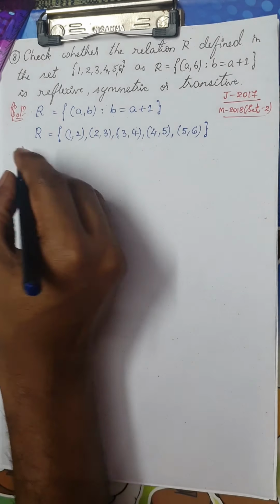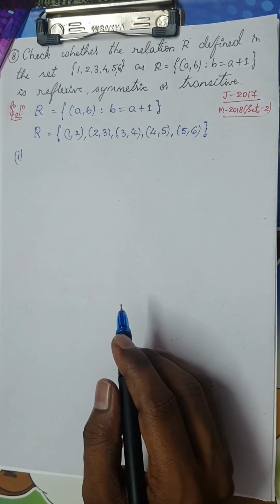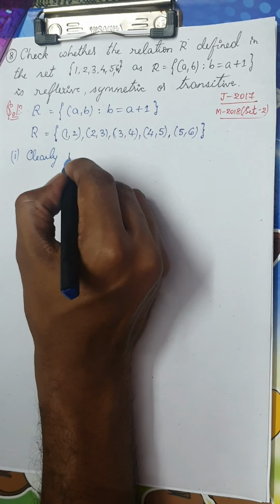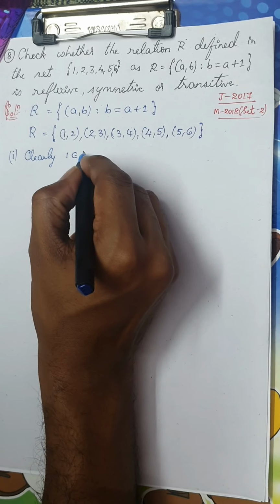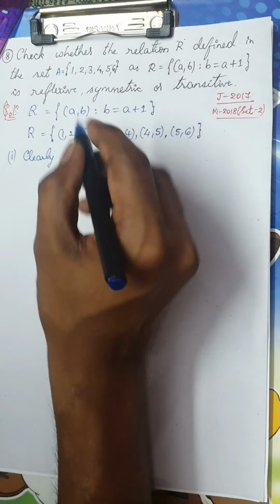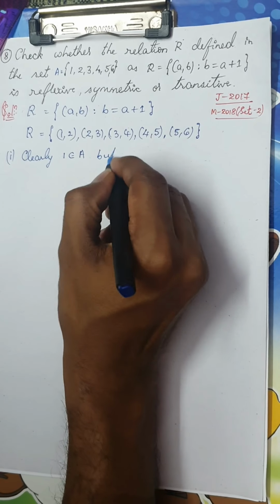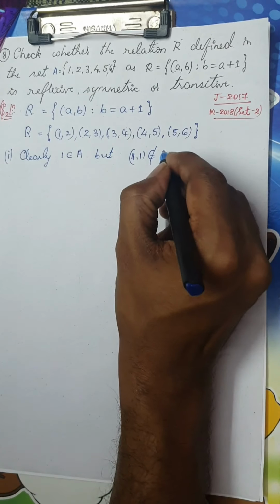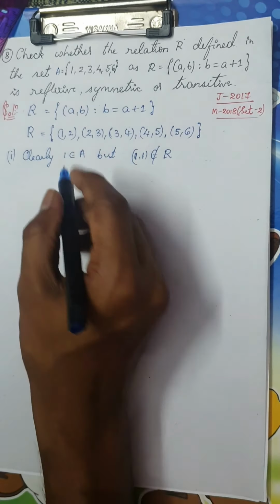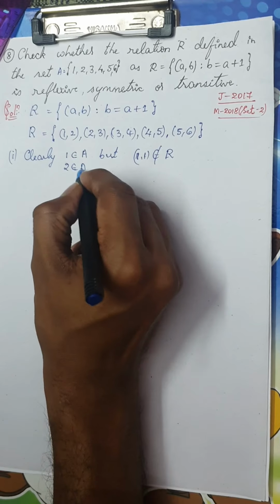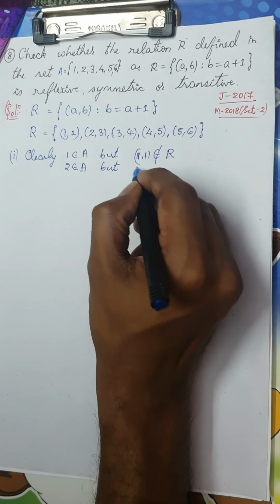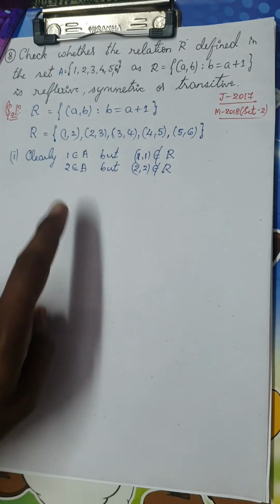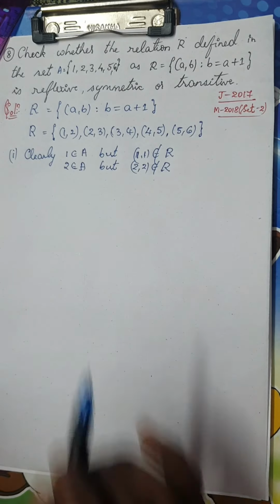Now you can clearly write, because this is such a simple one. So first result, clearly 1 belongs to A. Let me take this set as A. 1 belongs to A, but (1, 1) does not belong to R. You can take any element, or you can just think of 2 belongs to A, but (2, 2) does not belong to R. It is enough if you can give one counterexample.